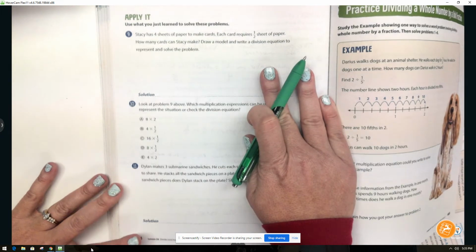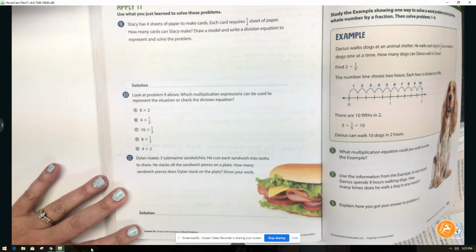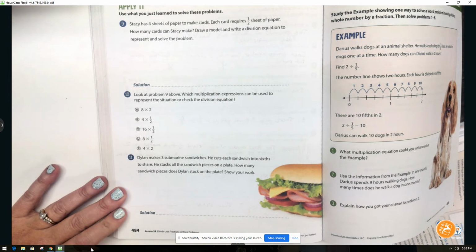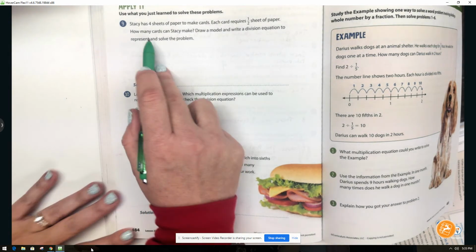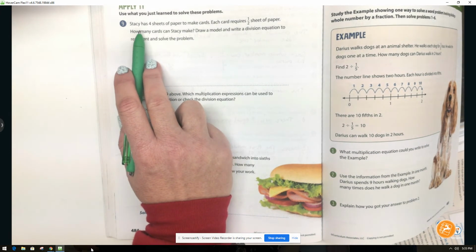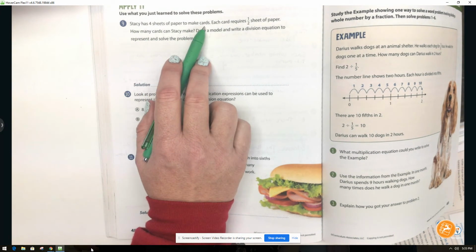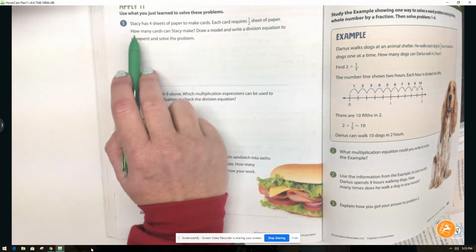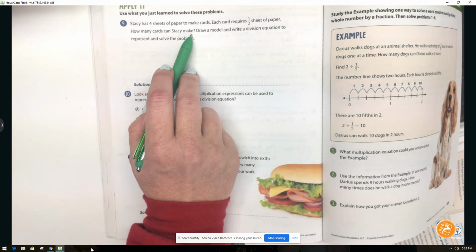All right, we're going to do numbers 9, 10, and 11 together, and then you'll do pages 485 and 486 on your own. So number 9 says this: Stacy has 4 sheets of paper to make cards. Each card requires a half a sheet of paper. How many cards can Stacy make?